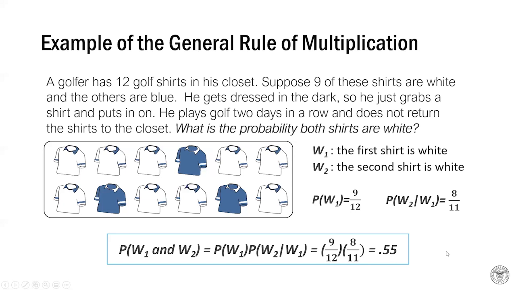Therefore, the likelihood of selecting 2 shirts and finding them both to be white is 55%. This can be extended to more than 2 events.